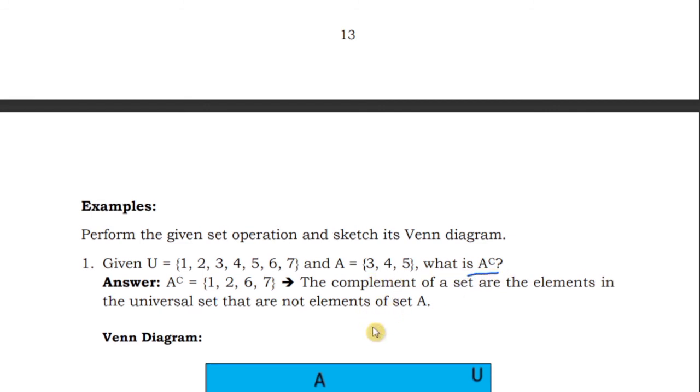Since our given is 3, 4, 5, the A complement is those elements not in the shaded part. So we have here 1, 2, 6, 7. So this is now the A complement given.